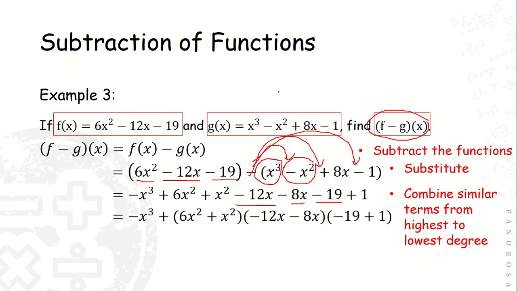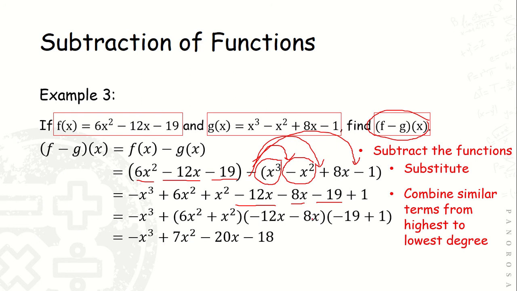So to continue in combining similar terms, we will have x cubed, negative x cubed. Then we have 6x squared plus x squared. And we have negative 12x minus 8x, negative 19 plus 1. 6x squared plus x squared is equal to 7x squared.